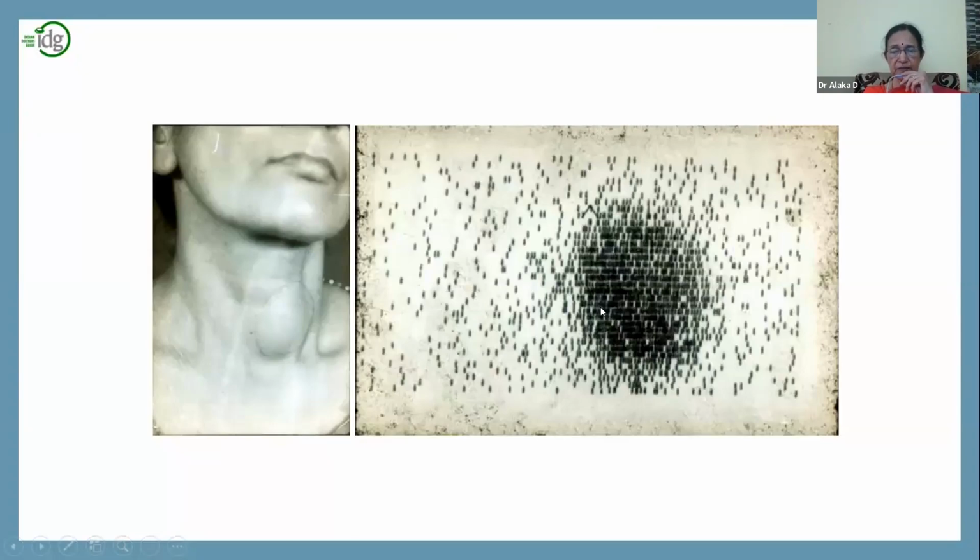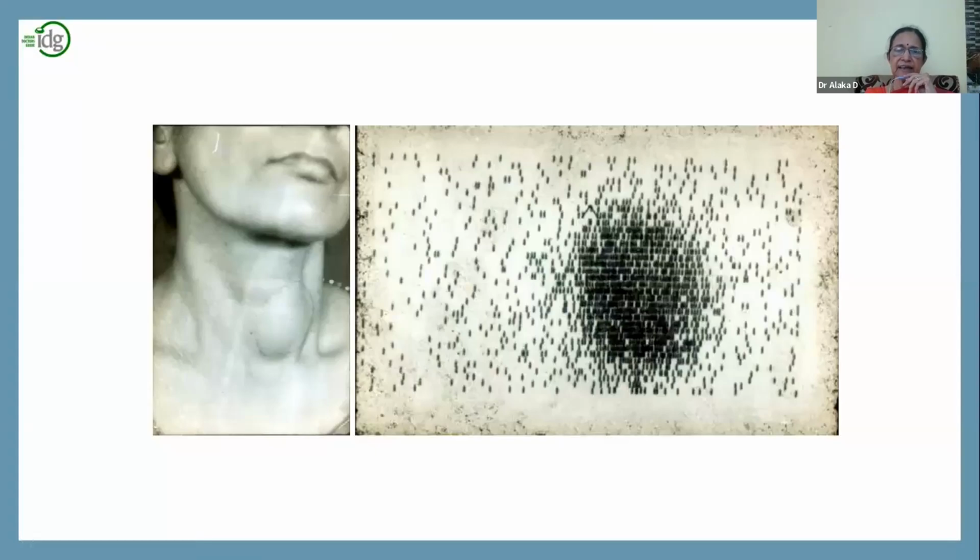That is one possibility. What is the other possibility? That this particular left lobe is hypersecreting T3 and T4. And when it is hypersecreting T3 and T4, that T3 and T4 with a negative feedback will suppress the TSH. And because it has suppressed the TSH, the right lobe, which is dependent on the TSH, is not picking up any radioactive iodine or technetium.